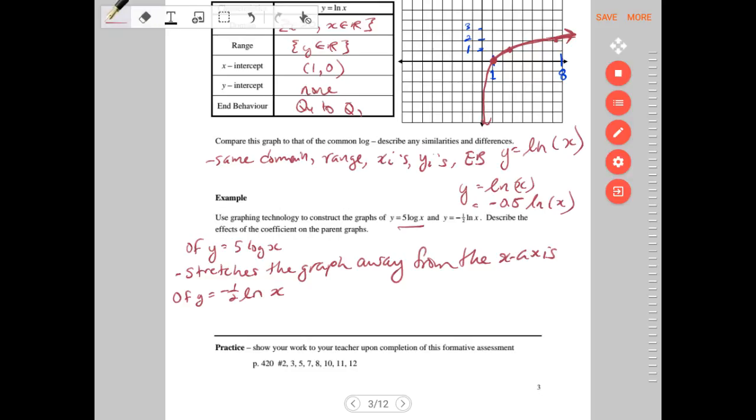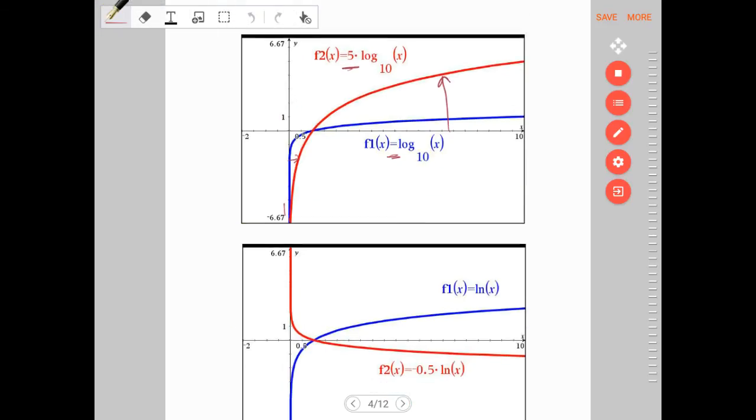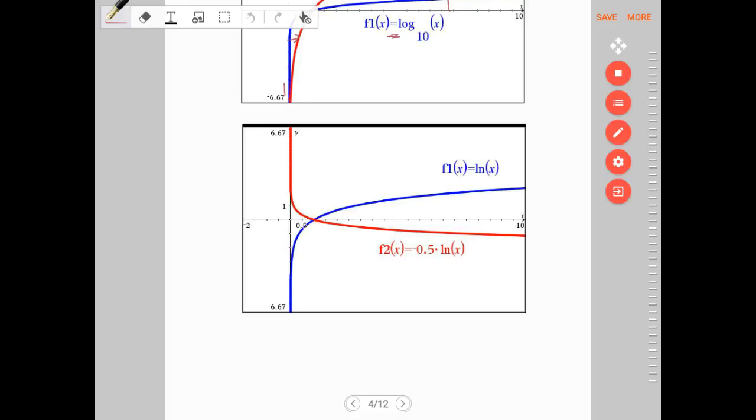Again, pause the video, take a look at it, and when you come back, I will show you the graph of both of those. All right, taking a look here, here's our graph of the natural logarithm f of x equals ln x. And if you notice then, we have the graph of negative 0.5 ln x. So the negative obviously causes it to flip over the x-axis.